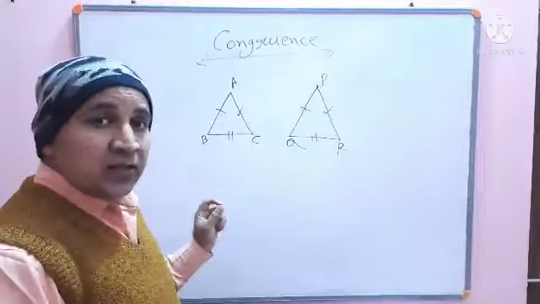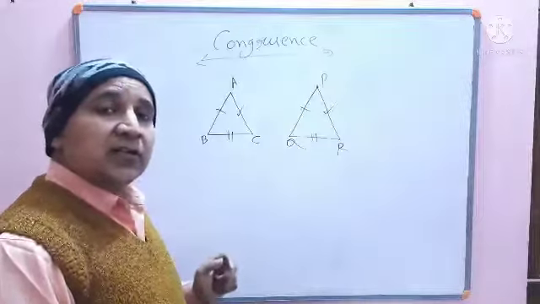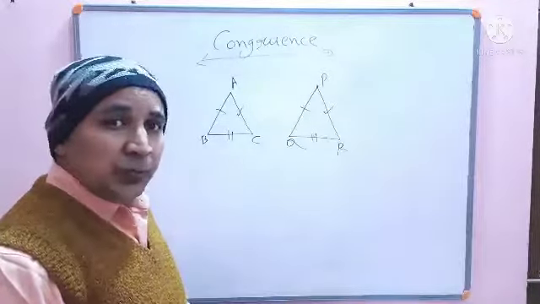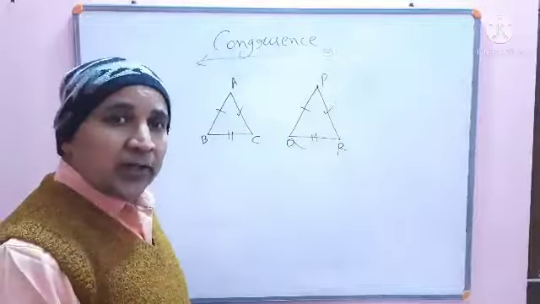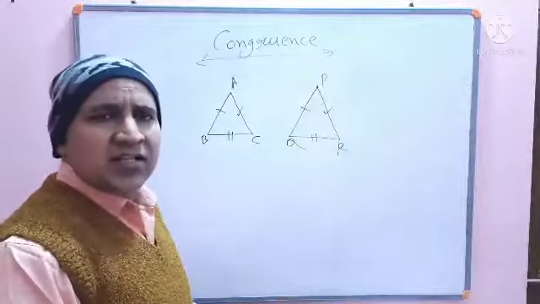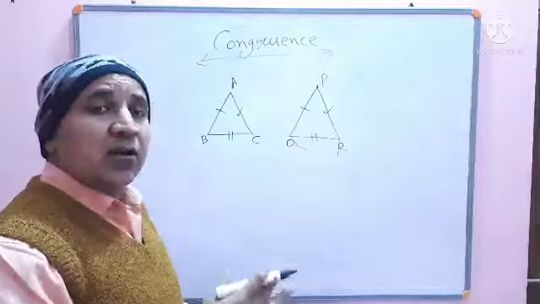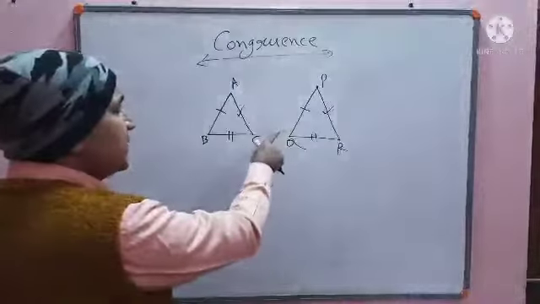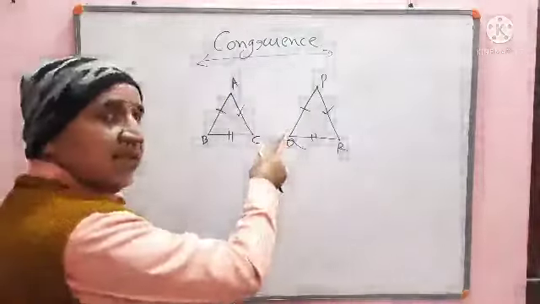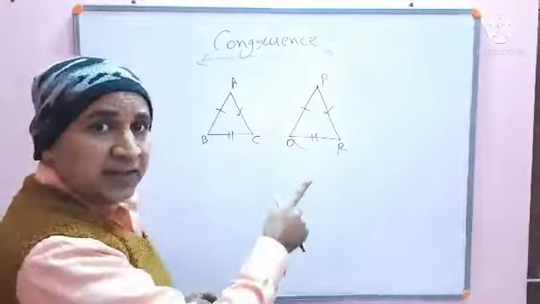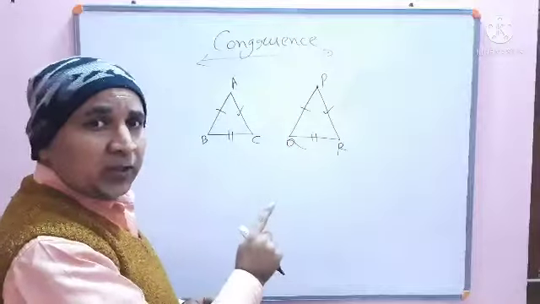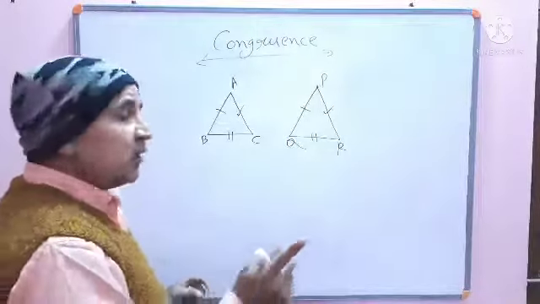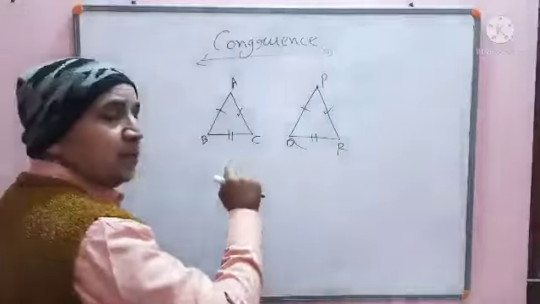Now what about angles? Definitely two objects or any two figures will be congruent if their shape and size are equal. That means all their parts must be equal. It means here if we have seen all the sides are equal, then definitely their angles should also be equal. But you have to remember only the corresponding parts.